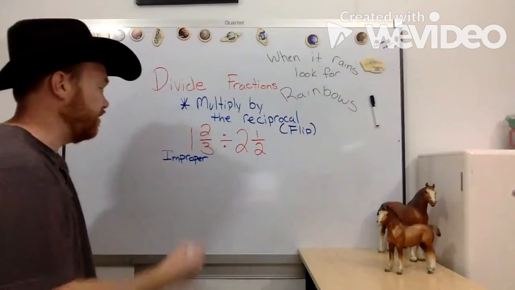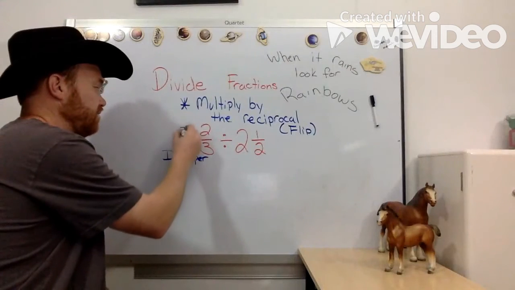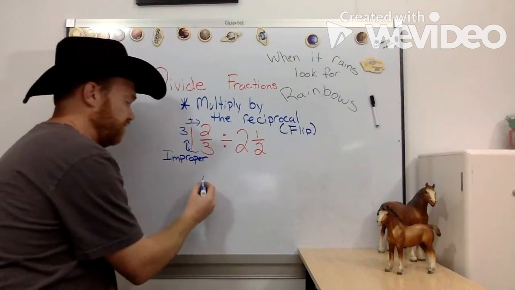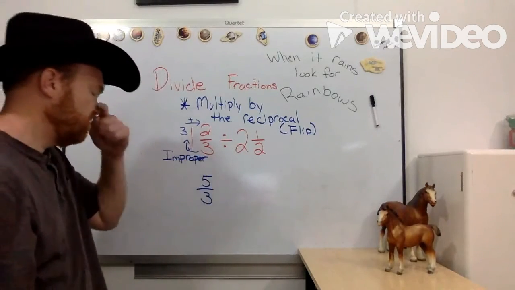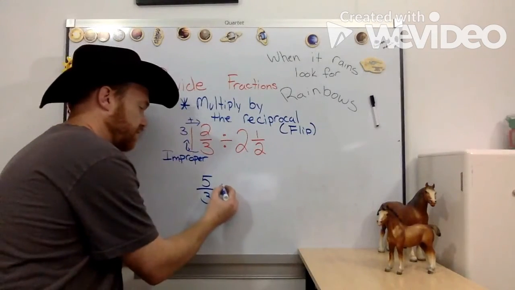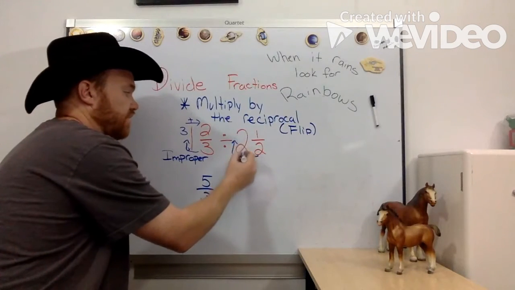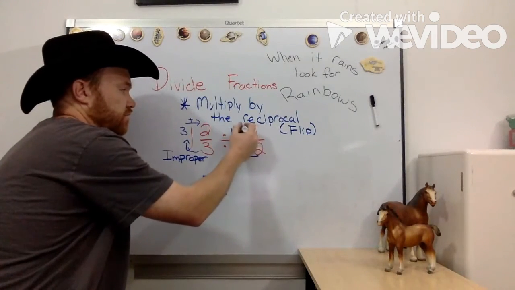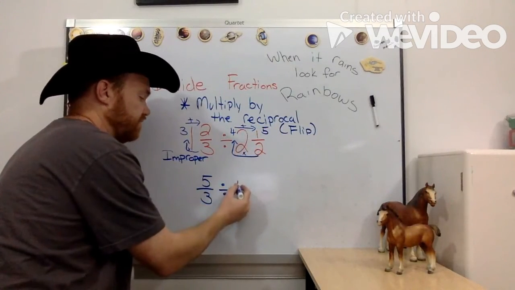Make these improper. 3 times 1 is 3, plus 2 is 5. So I have 5/3, divided by 2 times 2 is 4, plus 1 is 5. Keep the denominator the same.